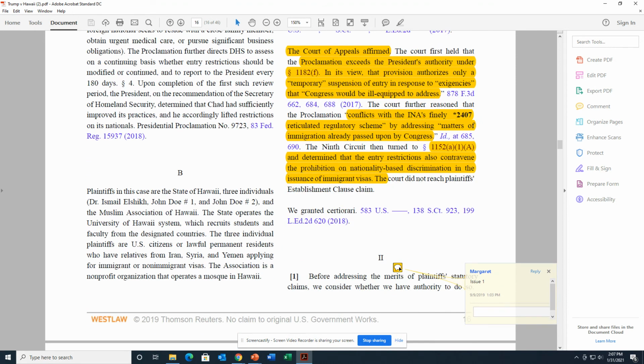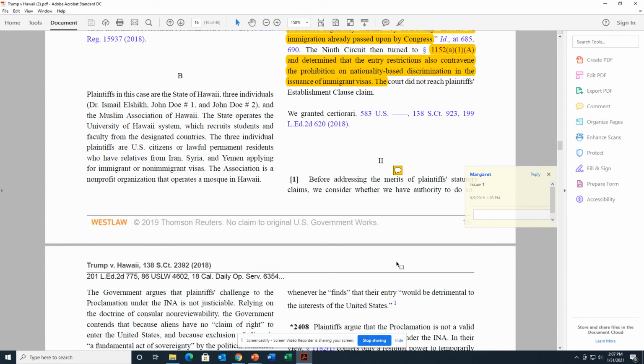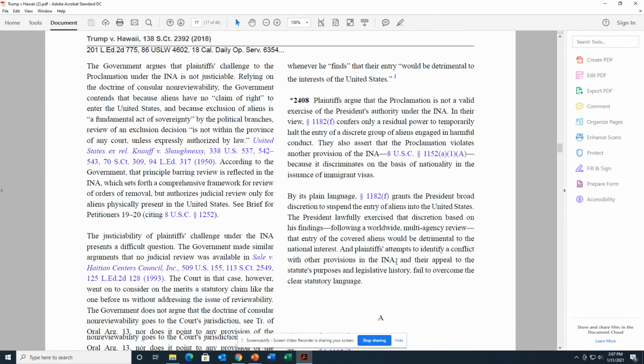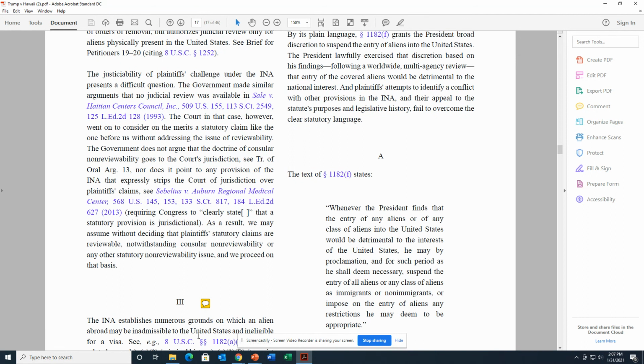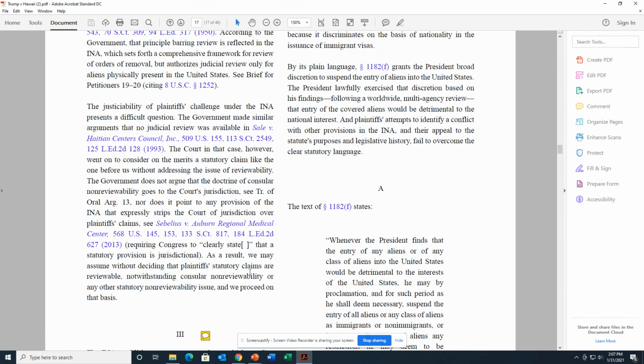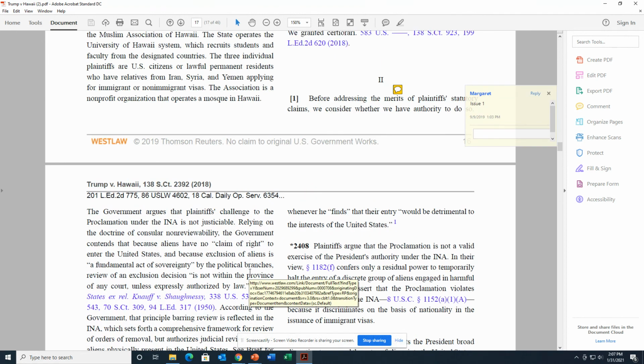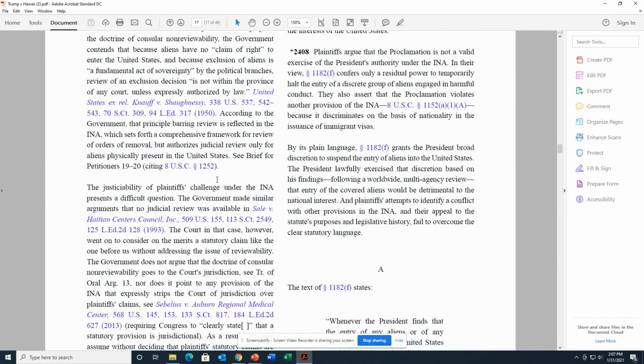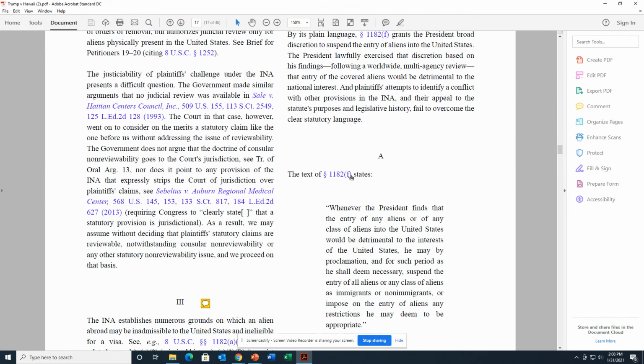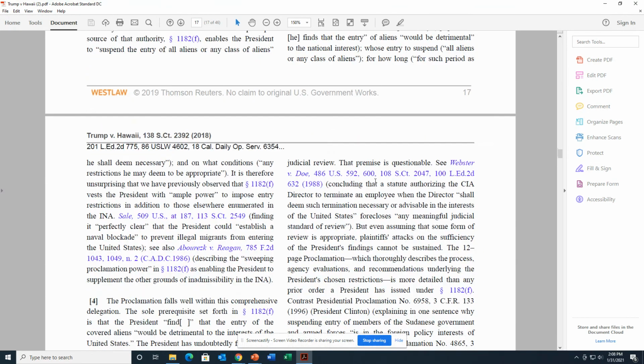And then here we go. Here we start talking about issue 1, and then issue 2. So issue 1 is dealing with one of these sections, 182.1 or whatever. Here's the text of 182F for issue 2.